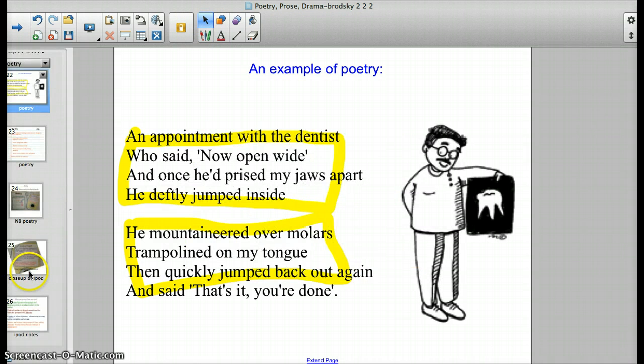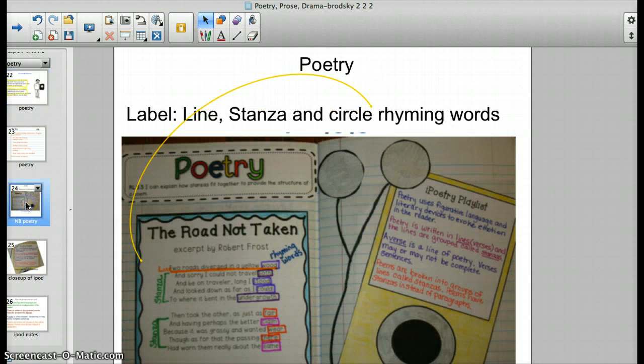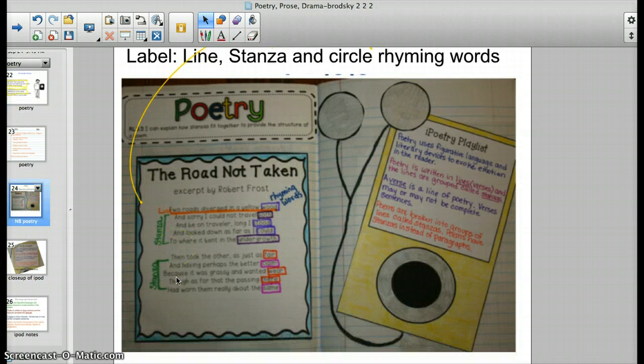Going back to our notes, if we look at what your teacher has for you, you're going to get a poem. This poem's called "The Road Not Taken" by a very well-known author called Robert Frost. What I want you to do is go ahead and identify the stanzas and leave it so you can still read the poem.